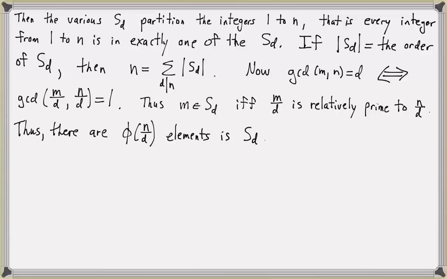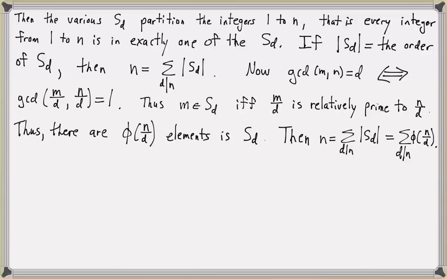So let's replace the order of S_d with this quantity. Then n, which we said equals the sum over the divisors of n of the order of S_d, equals the sum over the divisors of n of phi of n over d.